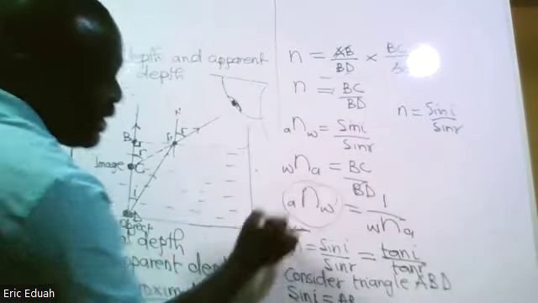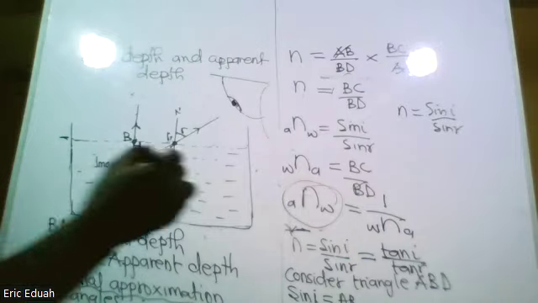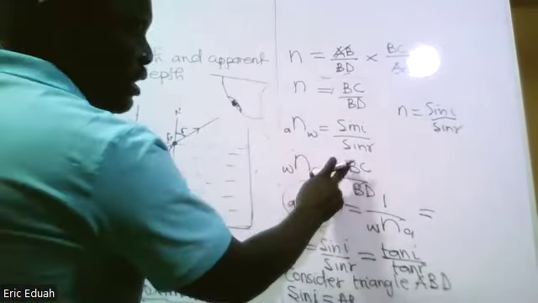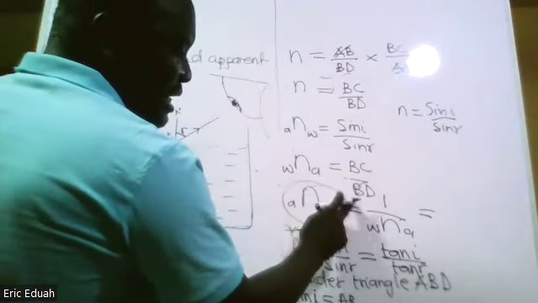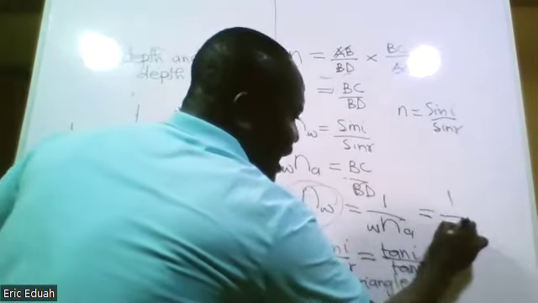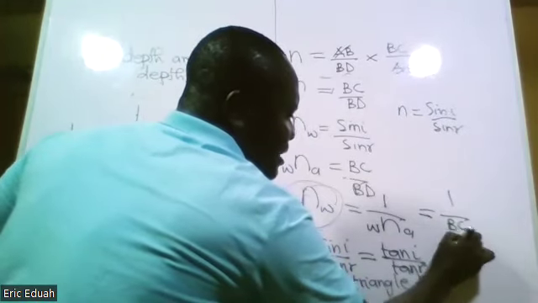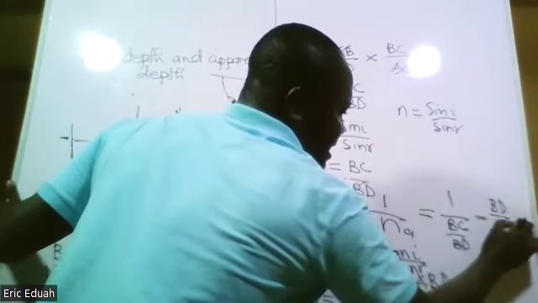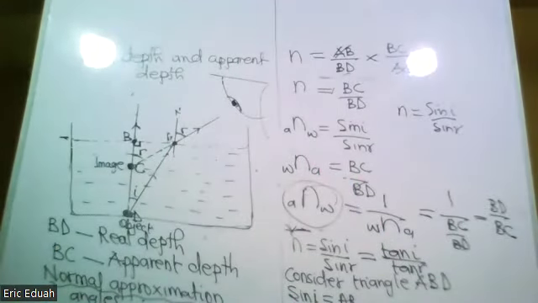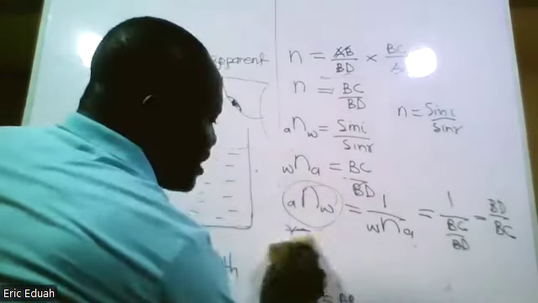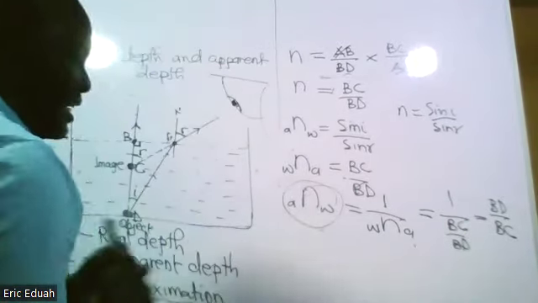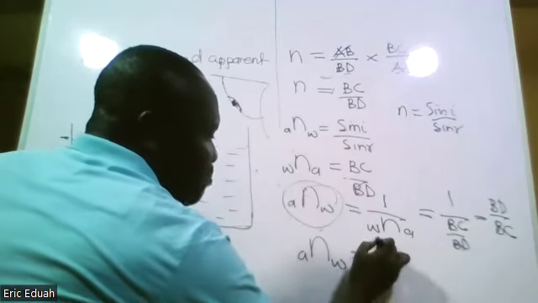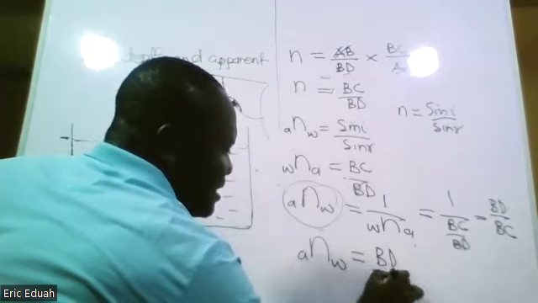So we have 1 over BC over BD, which is BD over BC. So the absolute refractive index from air to water would be BD over BC.